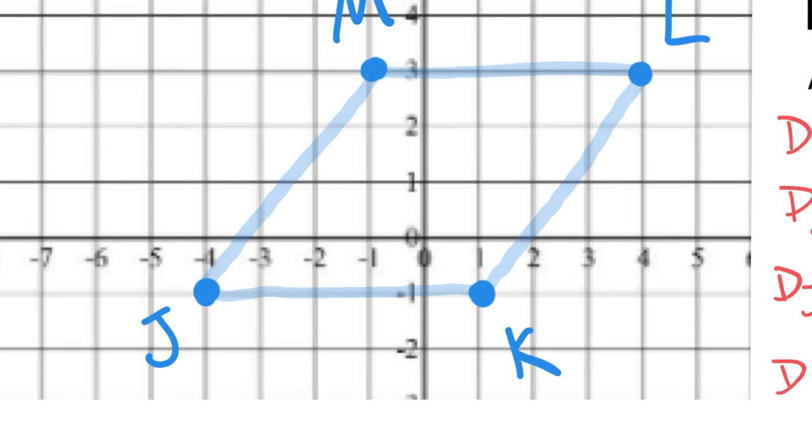And so what we're going to do is construct a triangle. You can do it on the inside or the outside of this parallelogram. And I know that in this triangle this is forming a right angle. And so what is the length of this leg? And then what is the length of this leg? So this top length has a length of 3. And I can see that this is 1, 2, 3, 4.